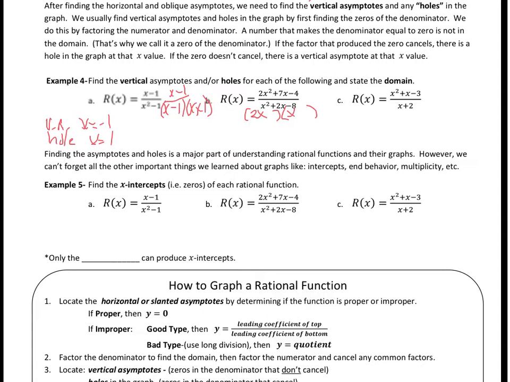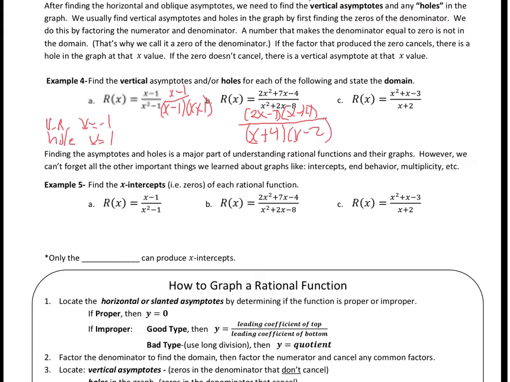It's got to be 4 and 1. Plus and minus. So we have 2x minus 1 and x plus 4. And then the bottom factors into x plus 4 and x minus 2.